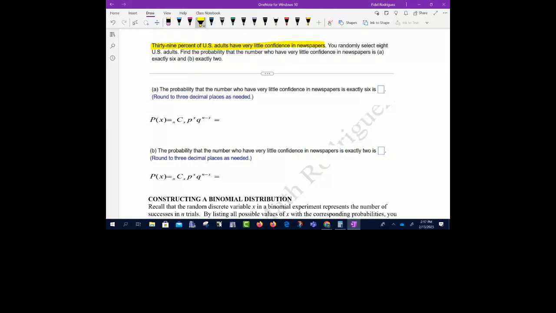Let's do a couple of things here. Let's find some values first. Let's figure out how many people we are asking in total. Anybody know? 8. Good. Let's find our value for P. What percent of folks think that newspapers are not too accurate? 39. Very good.